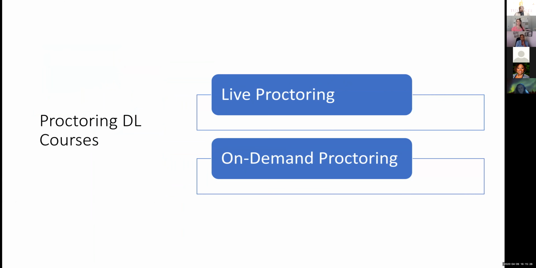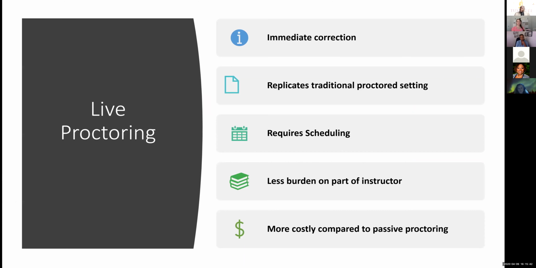Now, proctoring in DL courses falls broadly into two groups. There is live proctoring, and there is on-demand or passive proctoring. So live proctoring has the following characteristics. It offers immediate correction when an incident occurs.